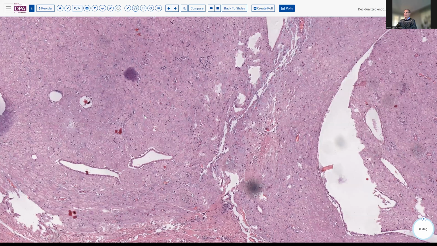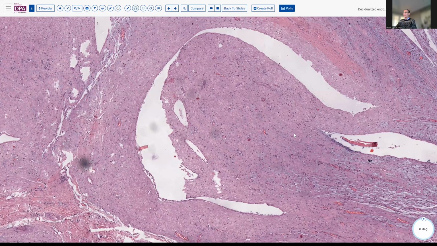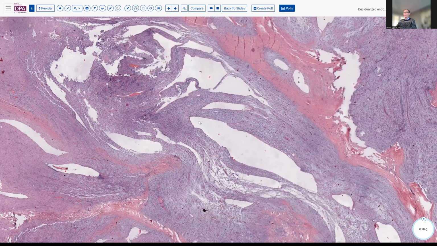And so a decidual reaction may in some ways help to minimize, but might also augment the symptoms from this circumstance. As you can see here, there's also a lot of edema associated with this tissue as well.